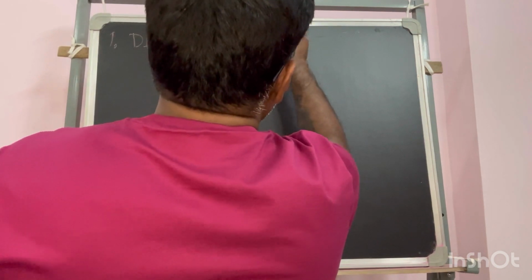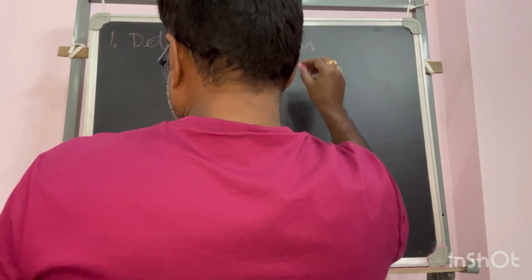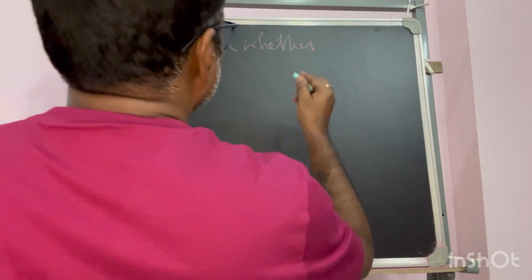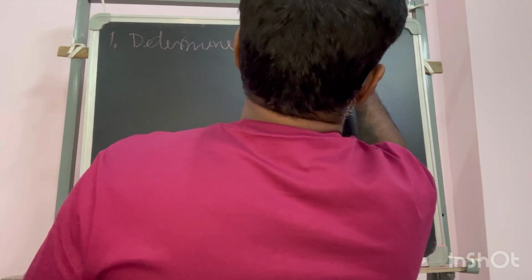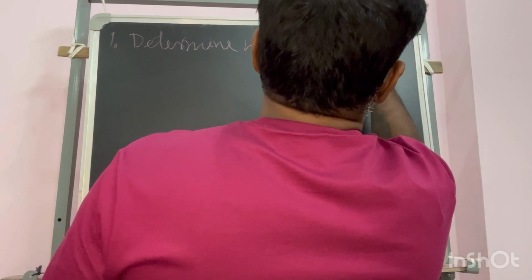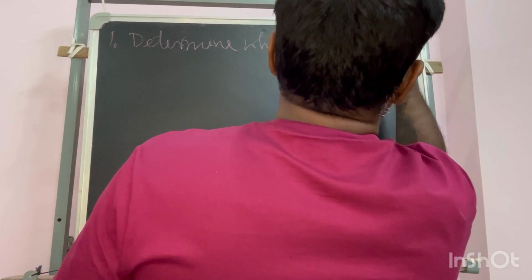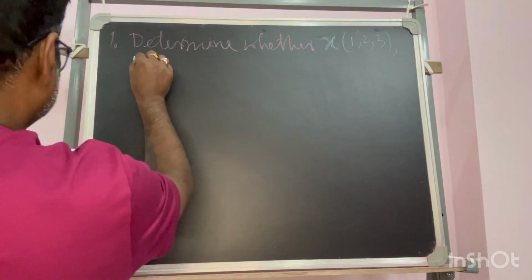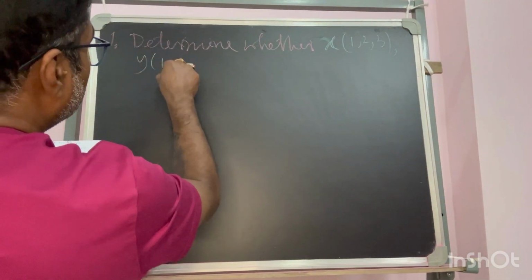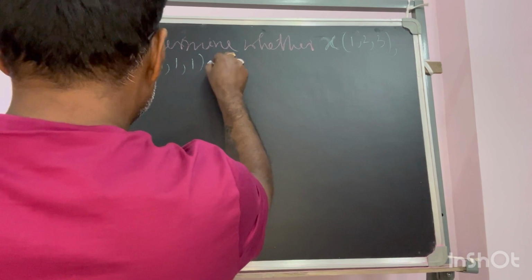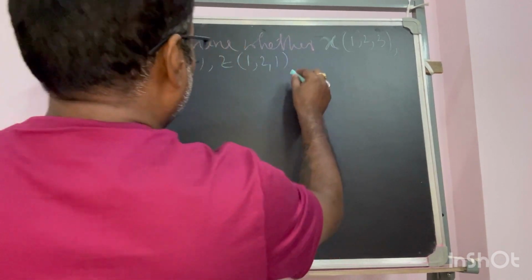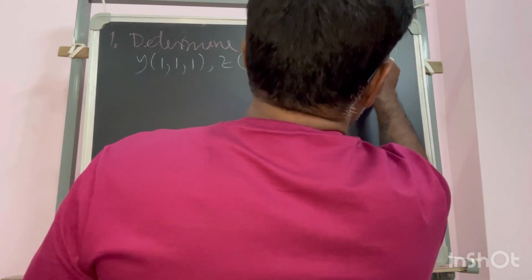whether these three points are given: x is 1, 2, 3, y is 1, 1, 1, and z is 1, 2, 1, are coplanar.